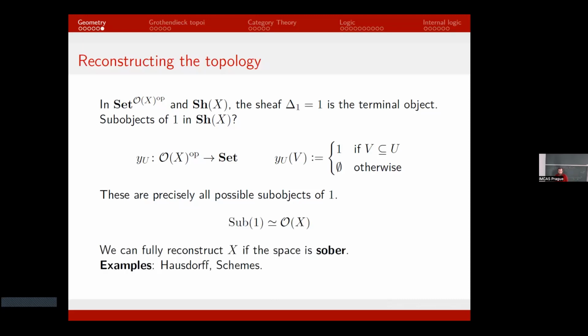So it turns out that these are exactly all possible subobjects of 1. So what happens is that Sub(1), which is a poset, is isomorphic to O(X). And this tells us that we can fully reconstruct O(X), and in particular X, if X is sober, which means that the opens are enough to determine every single point, in a sense.